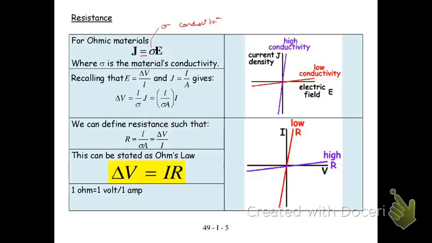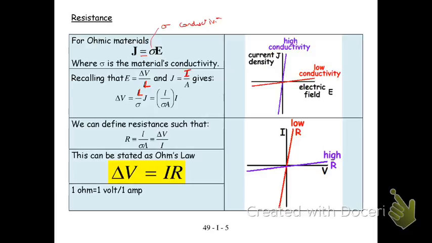My electric field is my delta V over delta X, which in this case is L. And now I've got to be careful about my symbols, because that looks an awful lot like an I. And my J is equal to my I over my A. So my delta V is equal to my J over sigma, which is my E, and my E times my L.